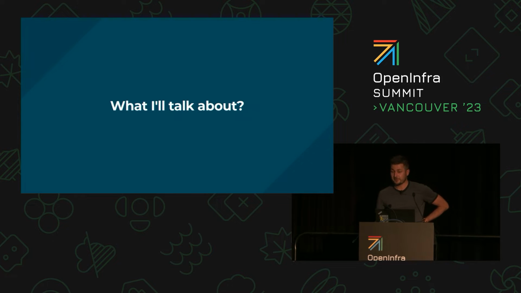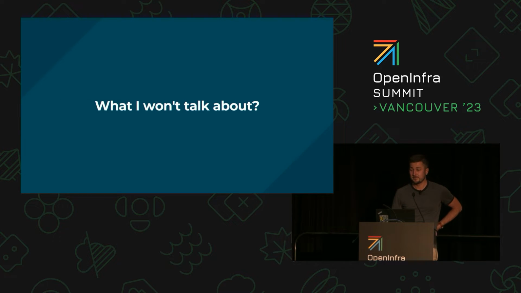So I will focus on the type load balancer services, and I will talk a little bit more about MetalLB later on, but don't expect too much about this. But I will not talk about the Octavia ingress controller. That's part of cloud provider OpenStack as well, but we don't use that in OpenShift. In OpenShift, we have a different component doing ingress.